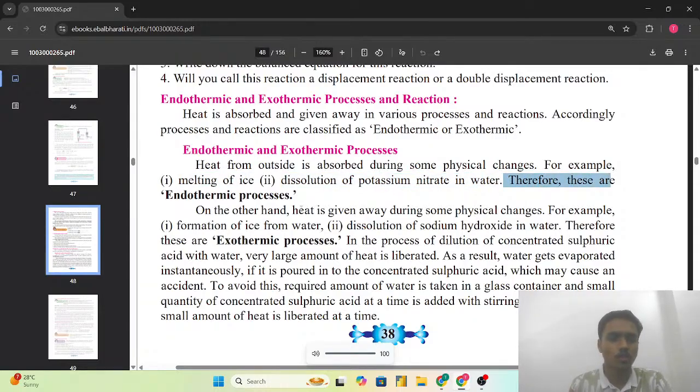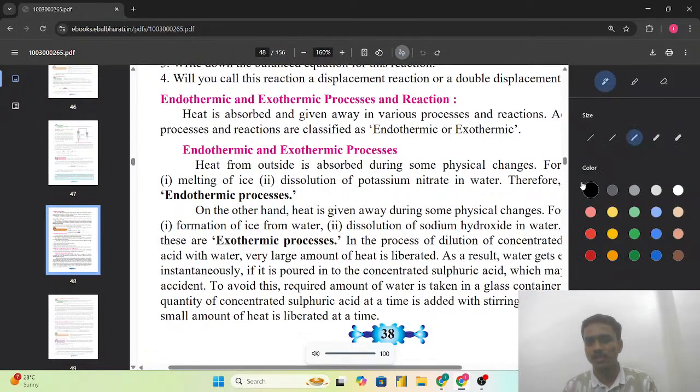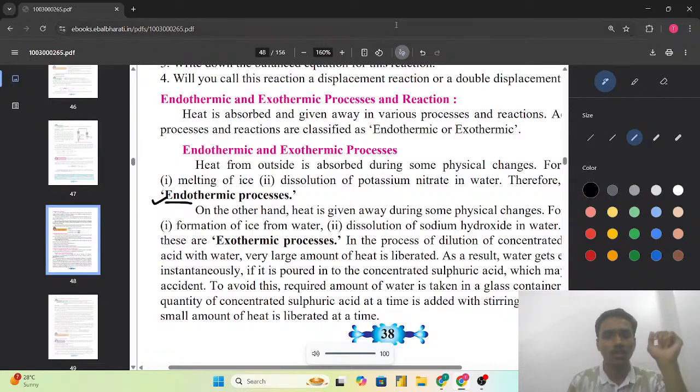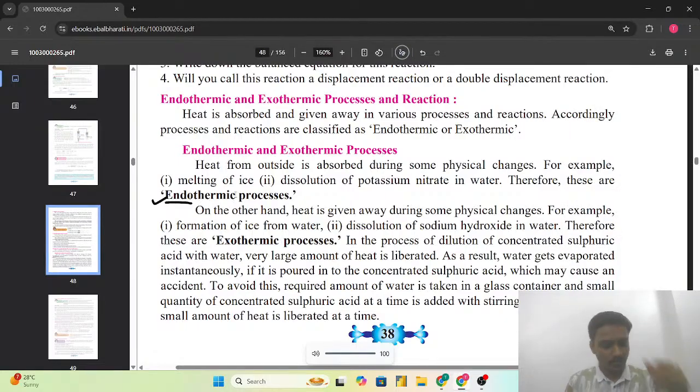Therefore, these are endothermic processes. Basically, the word endo itself means to absorb, so when heat gets absorbed in a reaction, that type of reaction is called an endothermic reaction. Here we are given the example of the melting of ice.